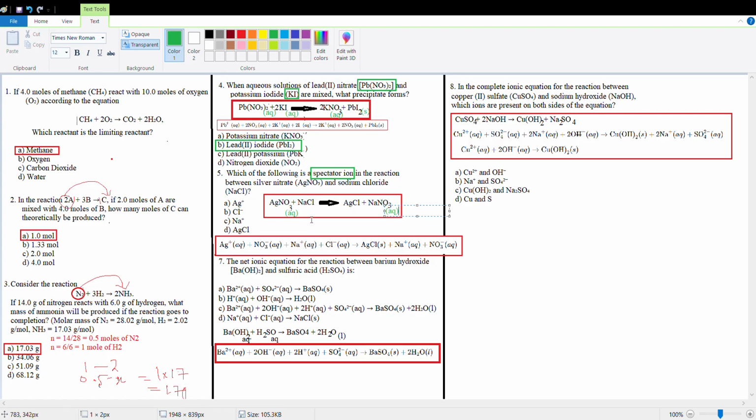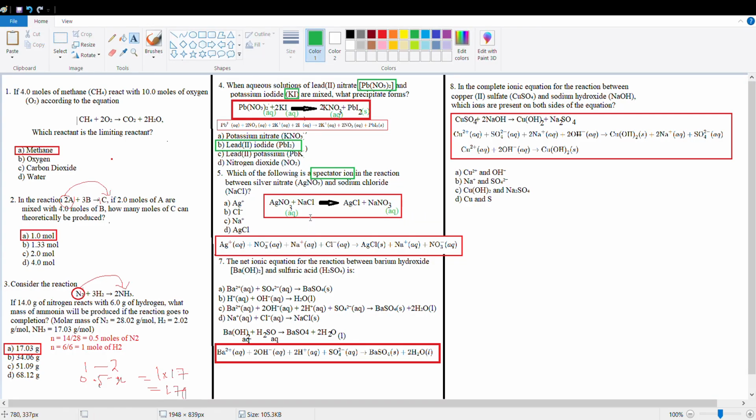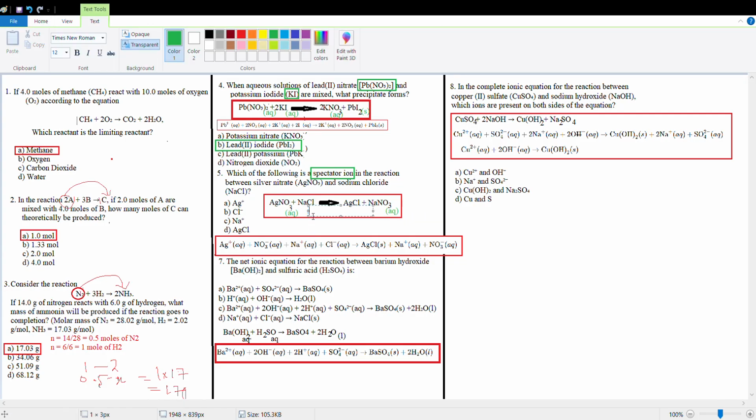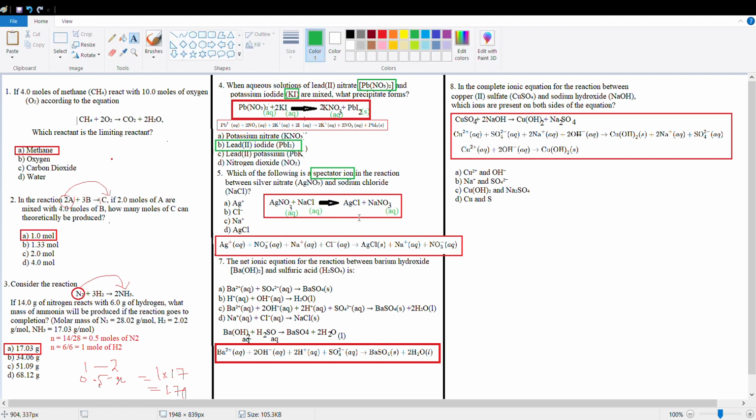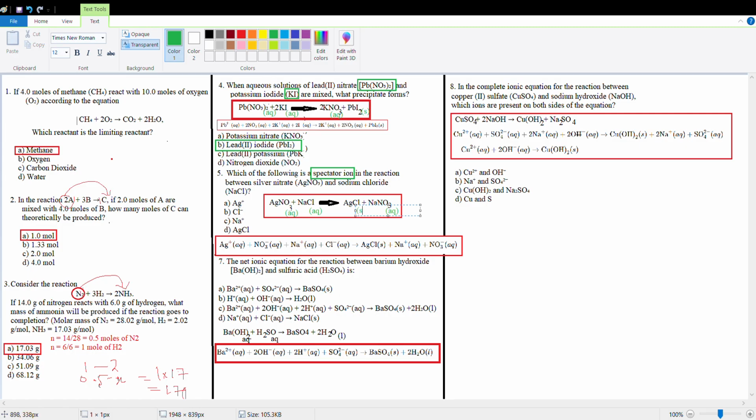Salt of course can be dissolved in water, and I can write straight away this one is aq, and the only thing left, silver chloride, is an insoluble salt. I should be writing that here. So this is my equation.